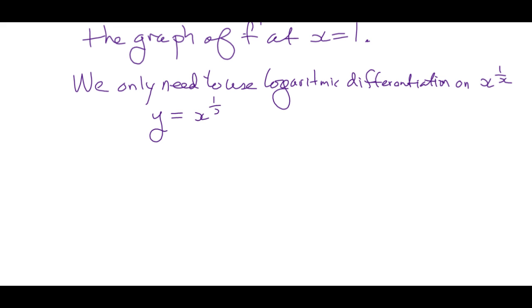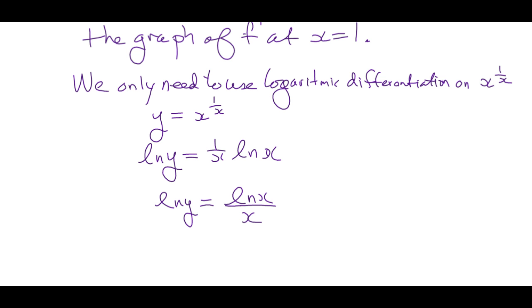y equals x to the 1 over x. ln y is 1 over x ln x. So ln y is ln x over x.